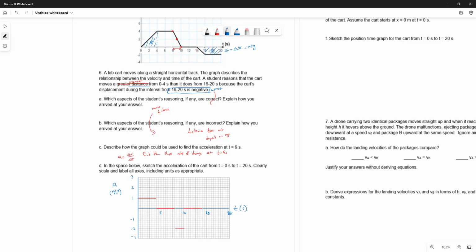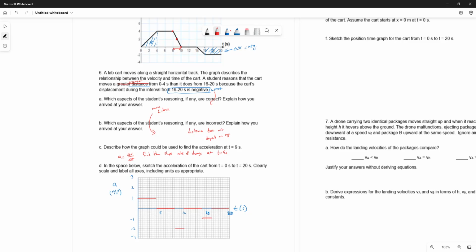This is supposed to be 20. Okay, so it only goes up to 20 here. And then from 14 to 16, it goes down -1. And then from 16 to 20, it's 0. Like this.